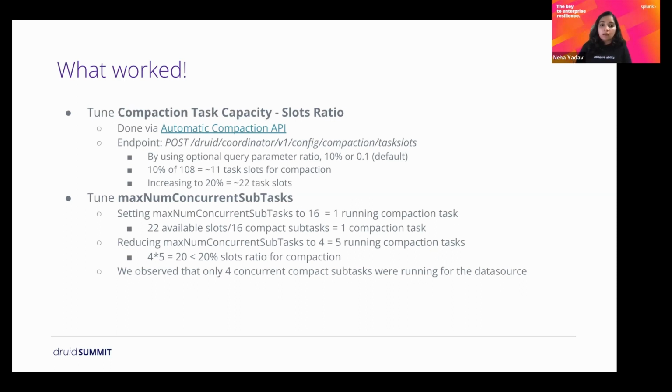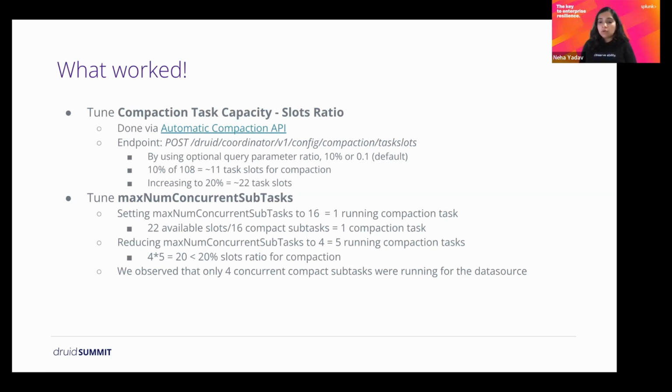With maximum concurrent subtasks at 16, we had one running compaction task, since 22 slots divided by 16 results in one task. Reducing it to 4 resulted in 5 running compaction tasks, because for every compaction task, 4 subtasks would be spawned concurrently. That uses 20 out of the 22 task slots we got after increasing the slots capacity to 20%.